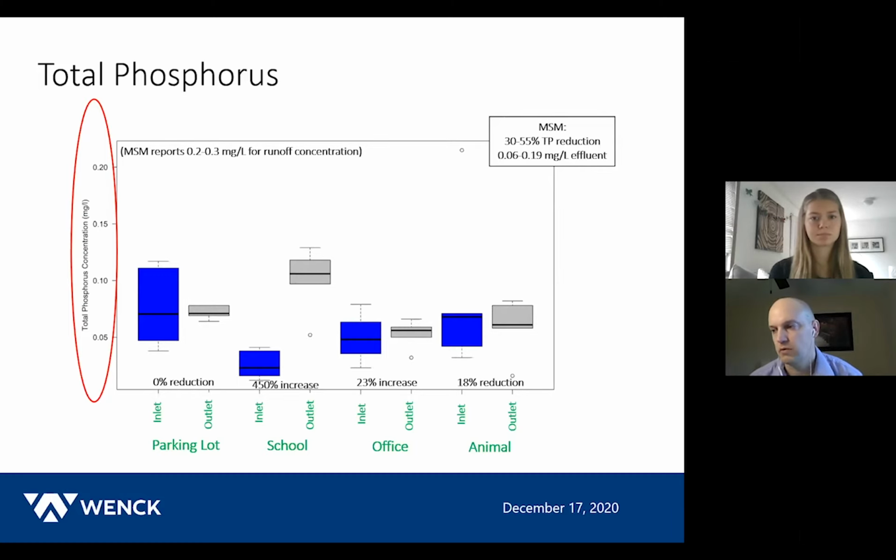So it's both kind of good news and bad news that the effluent concentrations are within that acceptable range, but it appears that there is some leaching or some sourcing of phosphorus from the filters.